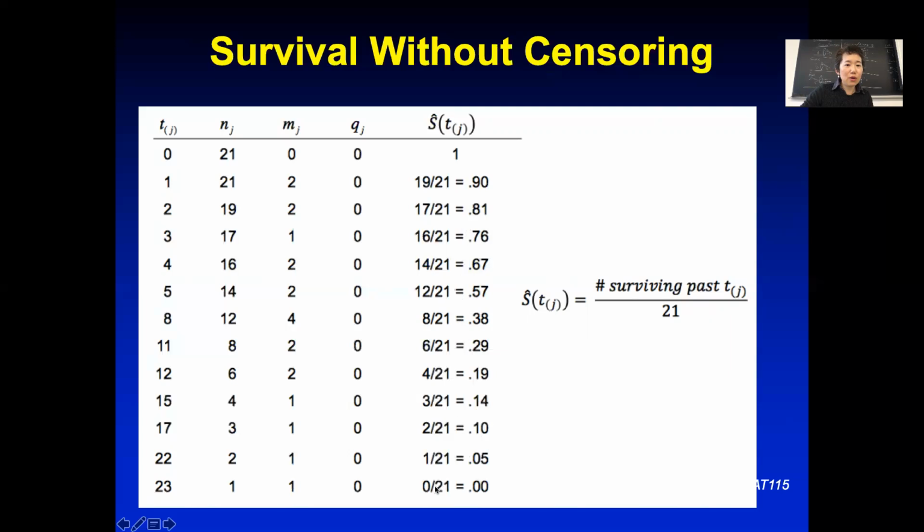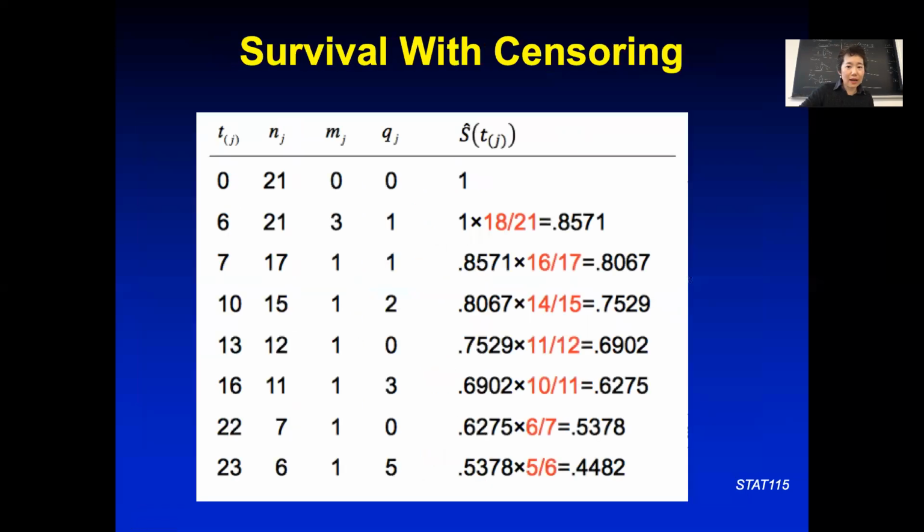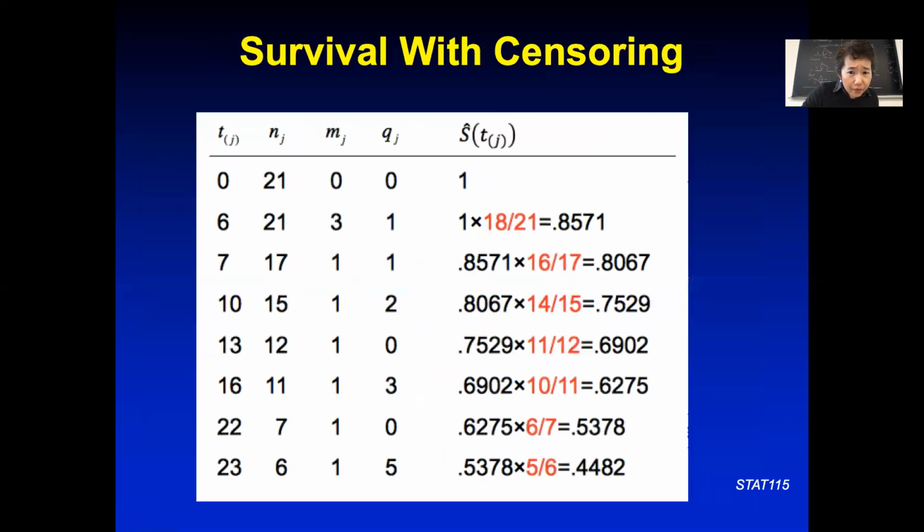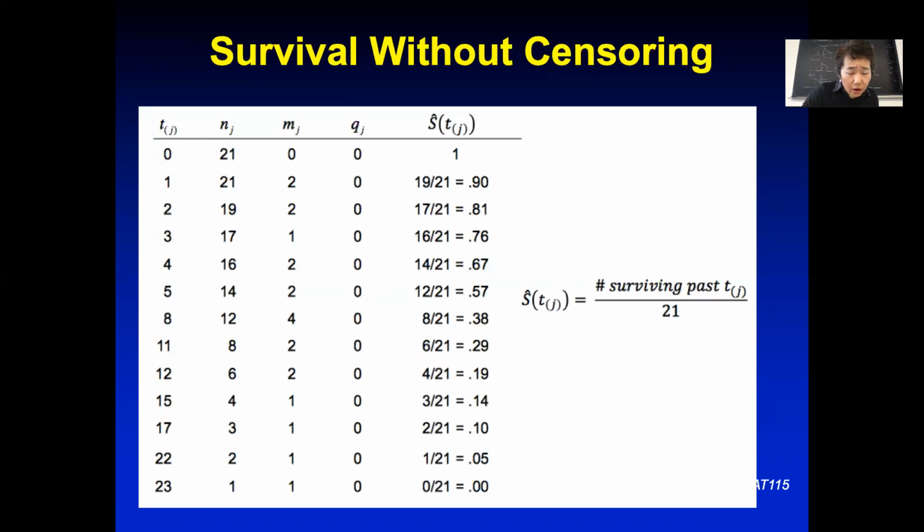However, if you really look at this number, you will notice that there are patients, if we didn't consider this column, this is the censored part. Let me see which one is the censored.